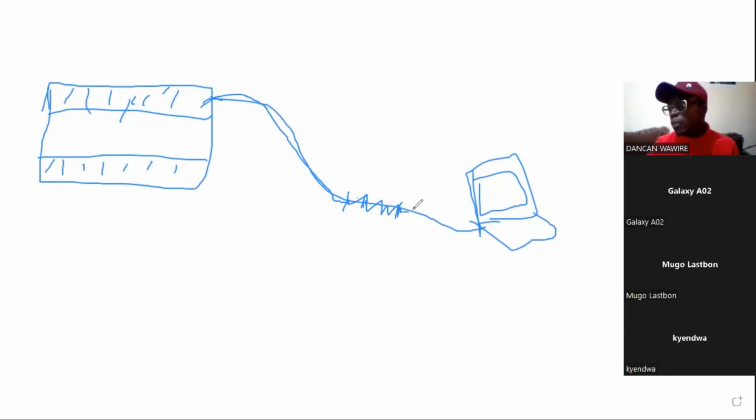Then it comes and becomes cable again, then comes closer and becomes wireless again. So that is the connection from all the way from YouTube to your laptop. But most of it, I'm saying it's cable. And I'll explain that one after the break.